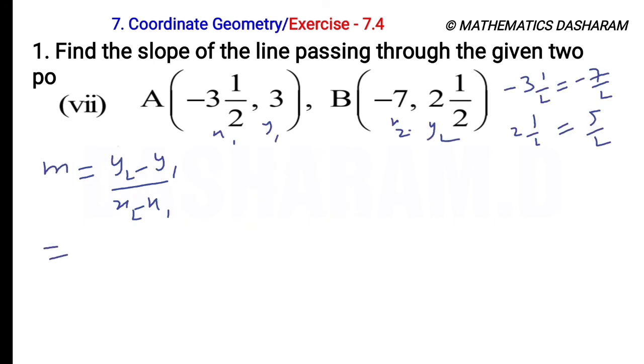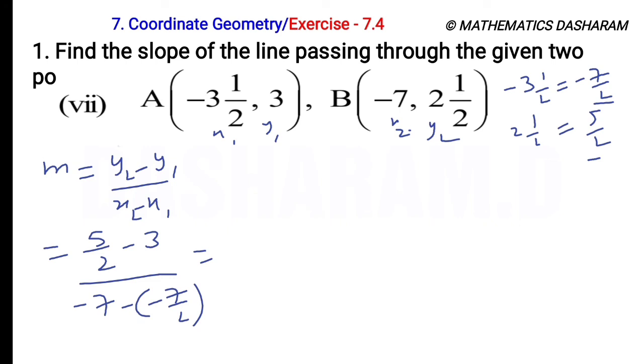So the slope m equals y2, 2 whole 1 by 2, but 2 whole 1 by 2 value is 5 by 2 minus y1 that is 3, divided by x2 minus 7 minus, so again minus 3 whole 1 by 2 is 7 by 2.